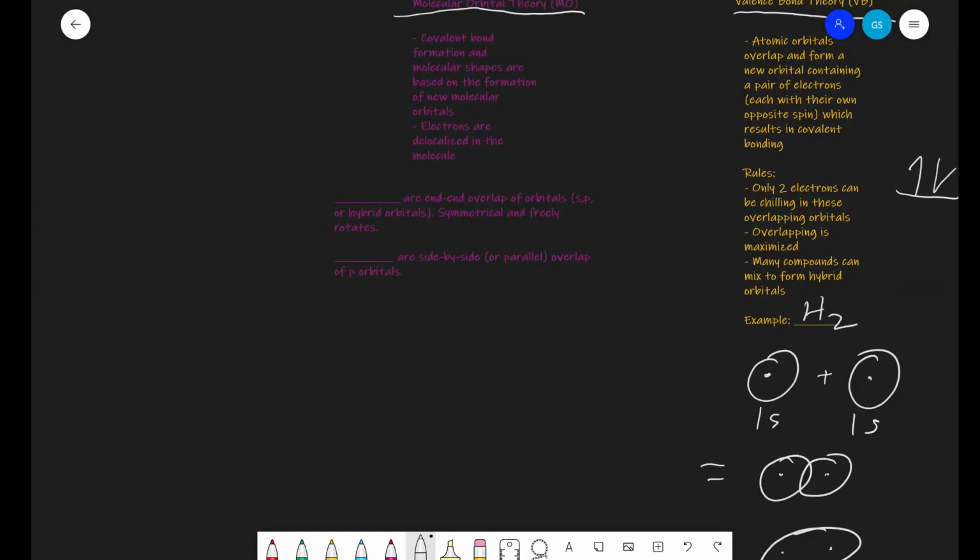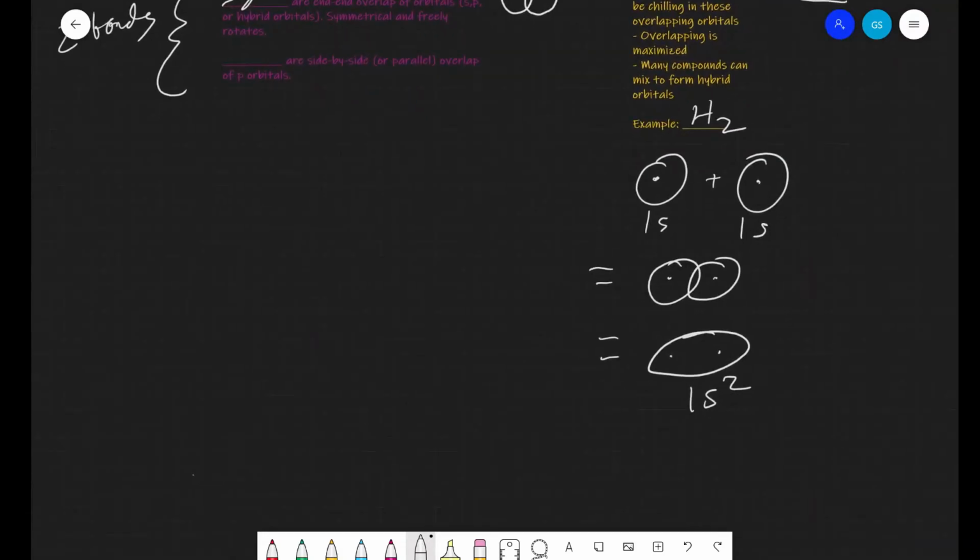There are two kinds of bonds you need to know. The first one is called a sigma bond, and it has this weird symbol that looks like this. Sigma bonds are end-to-end overlap of orbitals, and this can be s, p, or hybrid orbitals. They're symmetrical and they can freely rotate. An example of a sigma bond would be a 1s orbital overlapping with another 1s orbital, sort of like what we saw here, except they don't fully mix together and make that shape.